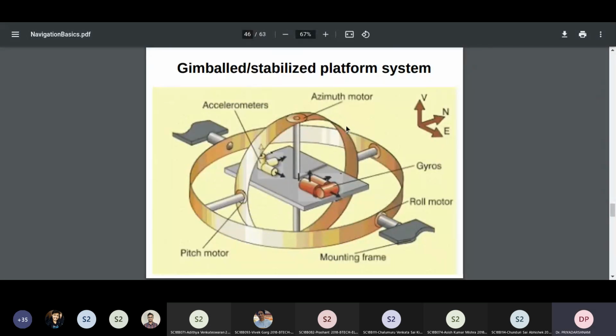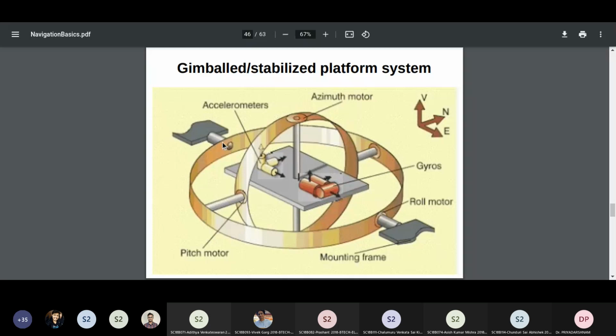When the launch vehicle rotates in the V axis, the angle by which it has rotated can be measured with respect to the V axis. So for any movement of the launch vehicle, the angle can be directly computed by measuring these rotary encoders.